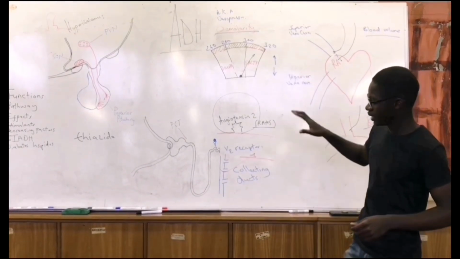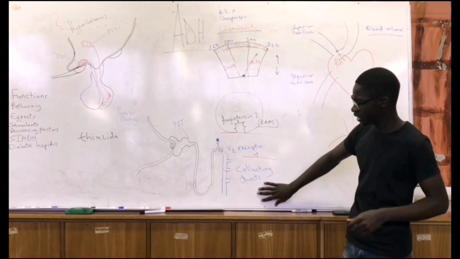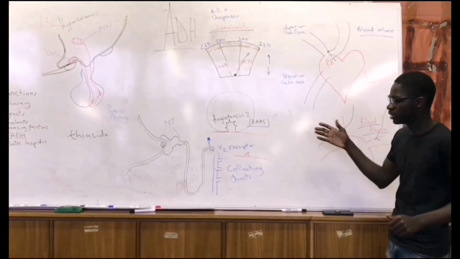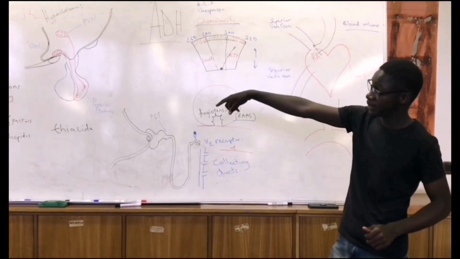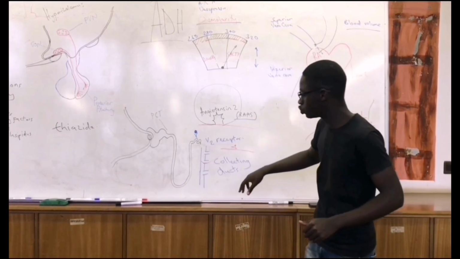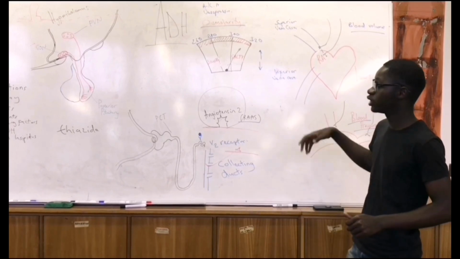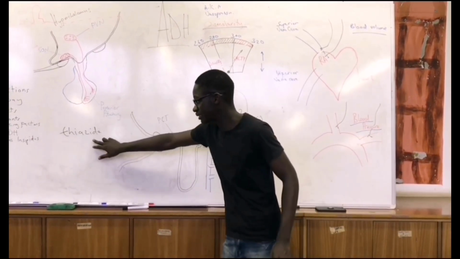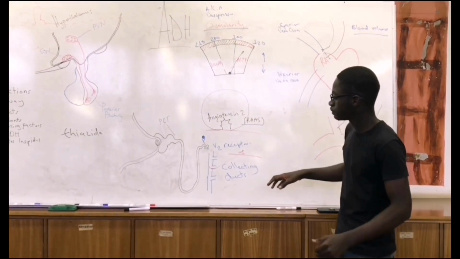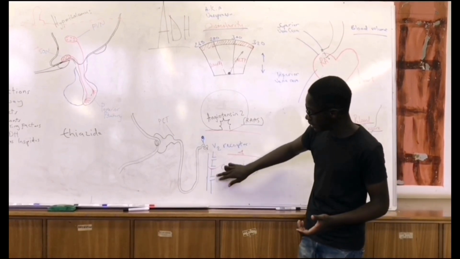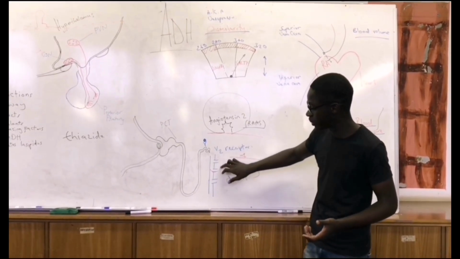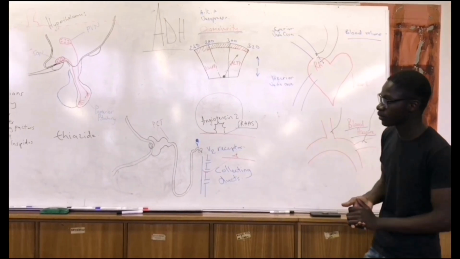In nephrogenic diabetes insipidus, we do not treat it using desmopressin, because it's a defect of the V2 receptors in the kidneys. We rather use what is called thiazide, which stimulates these receptors and causes their expression in the collecting ducts.